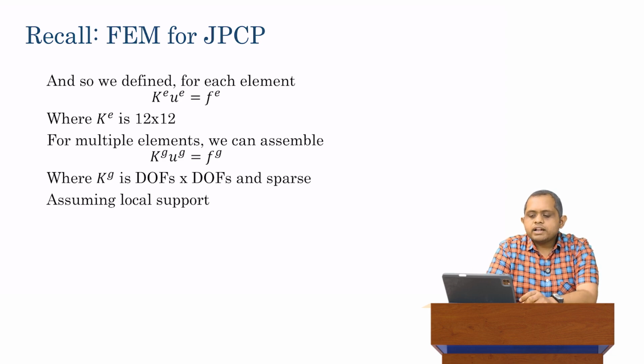But if we have just one element, then our differential equation, which is the Sophie-Germain equation, actually reduces to 12 simultaneous linear equations, and that can be shown in a very compact form. K_E U_E is equal to F_E, where K_E is what we called the local stiffness matrix.